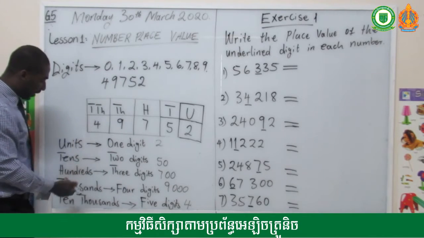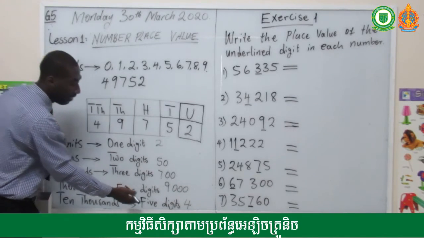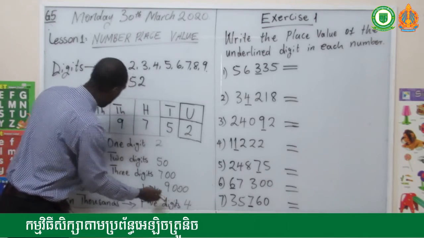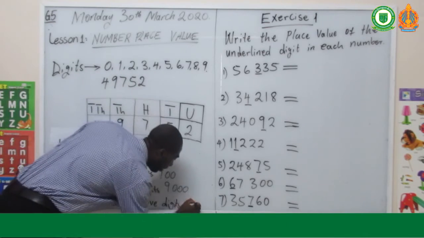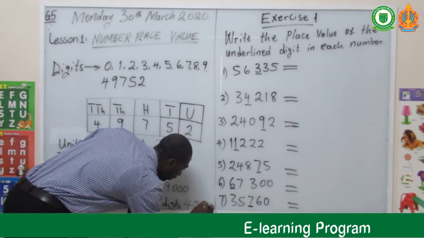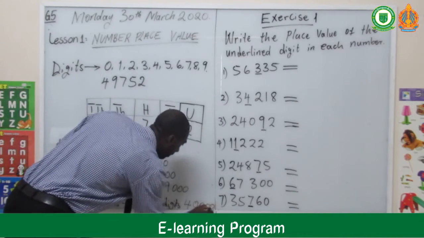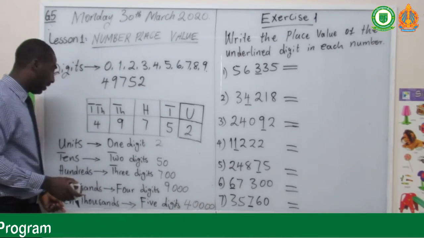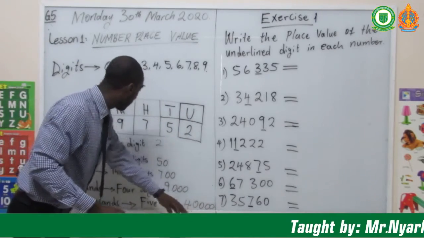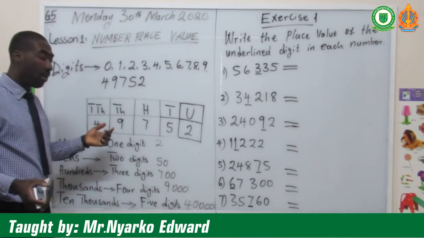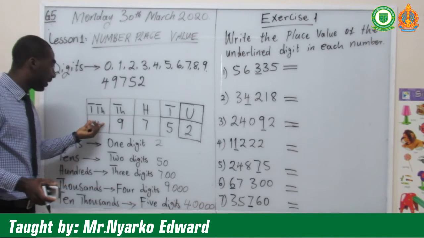Our 4 is in the 10,000s and we have to see 5 digits. So we have to add 4 zeros to it. When we add 4 zeros to it, it means that we are seeing 40,000. So the value of your 4 is 40,000.